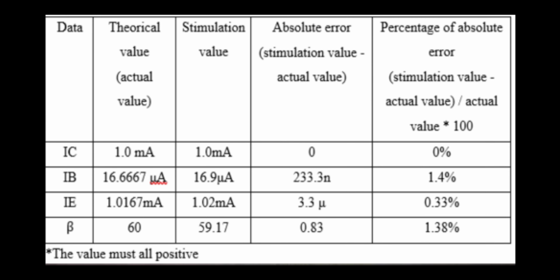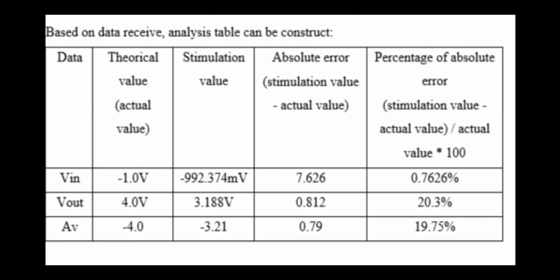Okay, this is the data that we get. You can see the theoretical value and the simulation value are almost the same. The voltage in and voltage out are also the same, with not much difference.